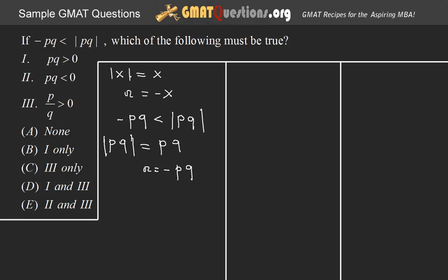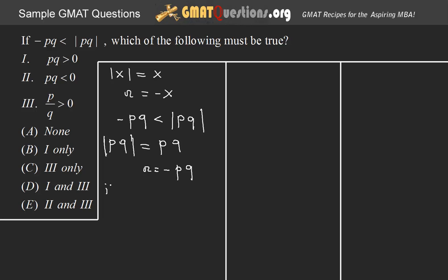Just like I say here, the absolute value of x is equal to x or negative x. For the same reason, the absolute value of PQ is equal to PQ or negative PQ. But it cannot be equal to negative PQ because we're told that negative PQ is less than the absolute value of PQ. They are not equal.